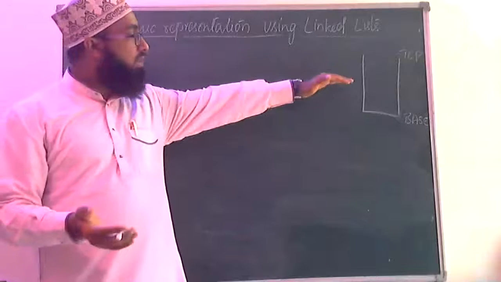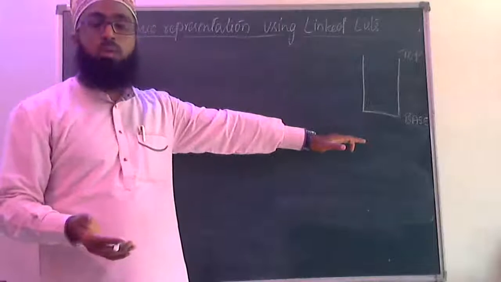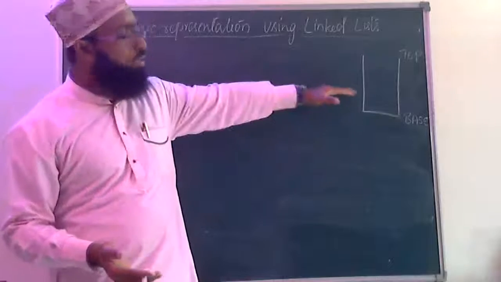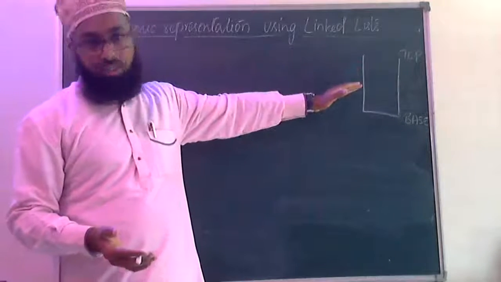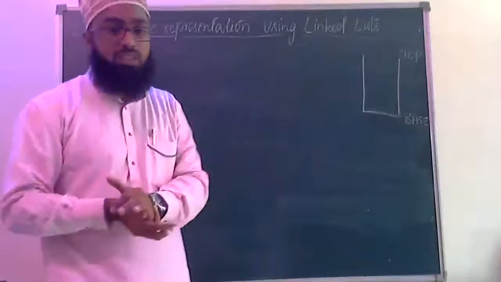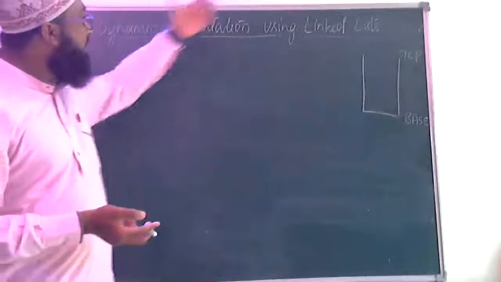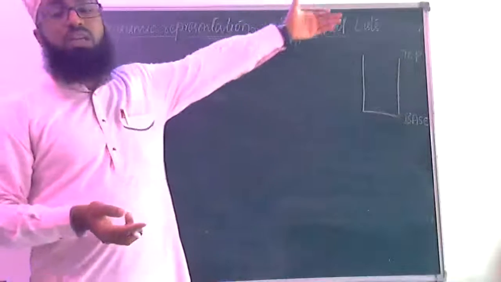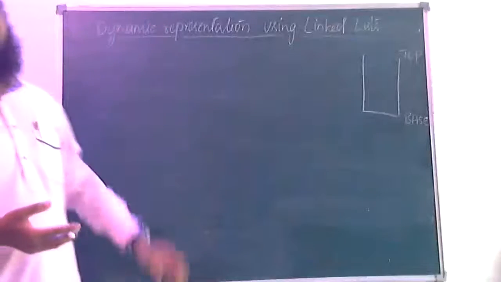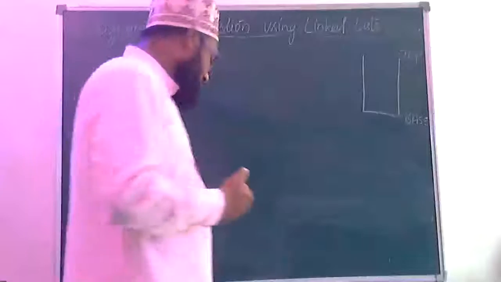The items below should be shifted to lower memory locations, then space has to be provided to insert the new item. This will create a lot of problems. So for this purpose, we will use the dynamic representation of a stack using a linked list. Come, we shall see what this dynamic representation will explain to us.